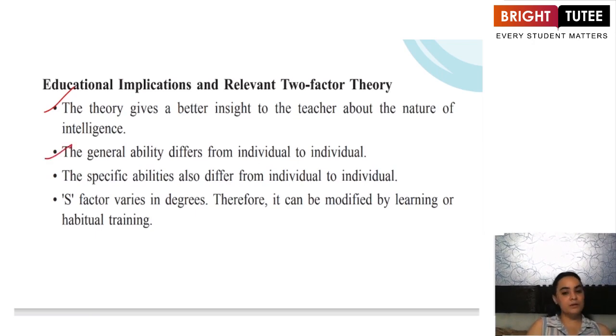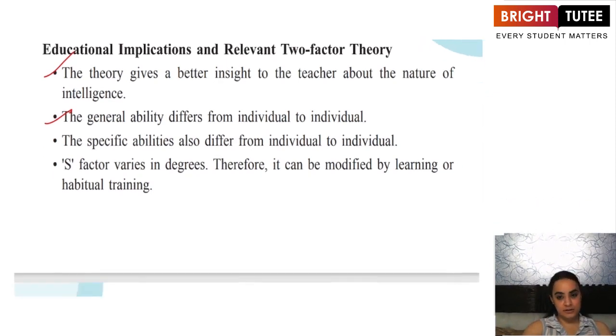The specific abilities also differ from person to person. Somebody would be better at acquiring new information and skills, while the other person will not be that good. S factor also varies in degrees. One can change the amount of S factor that you have by better learning or by being trained regularly.